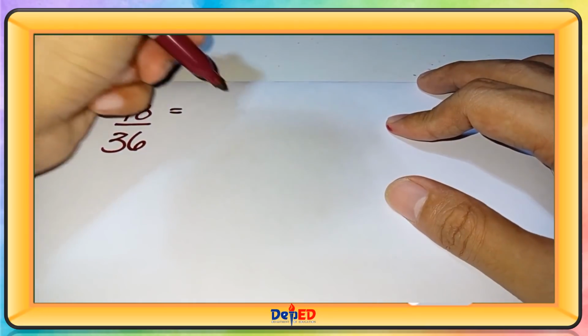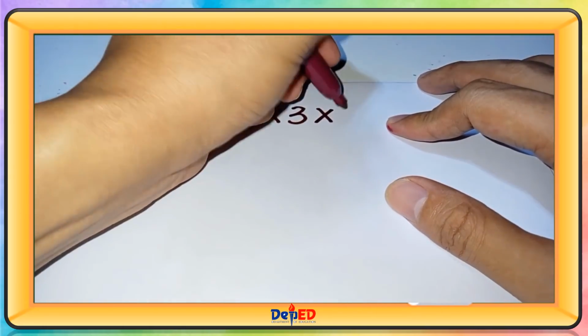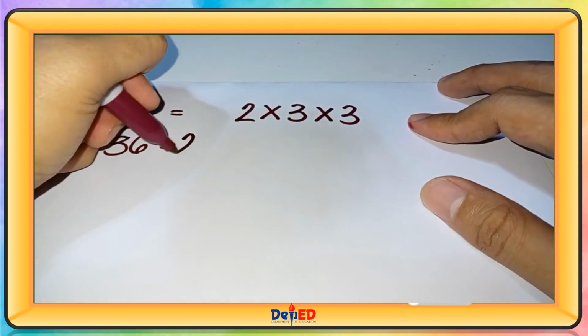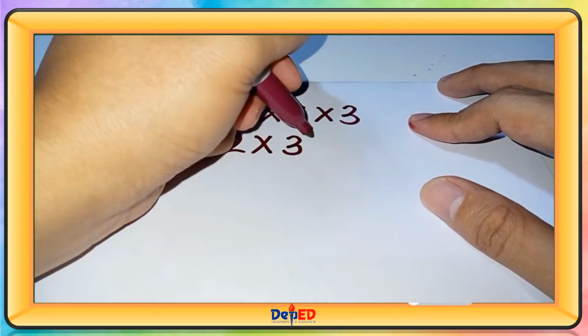18/36. The prime factor of 18 is 2 times 3 times 3. 36 is 2 times 2 times 3 times 3.